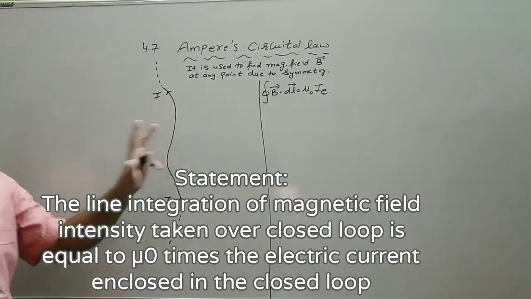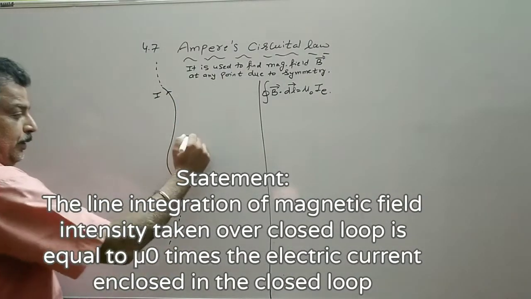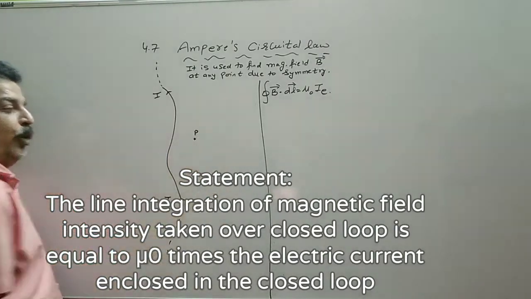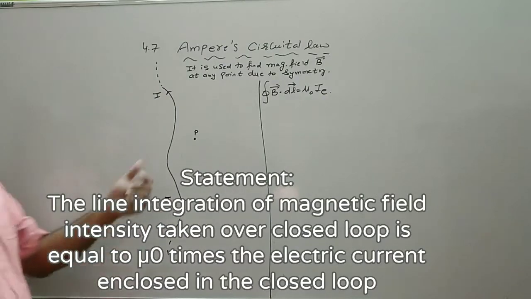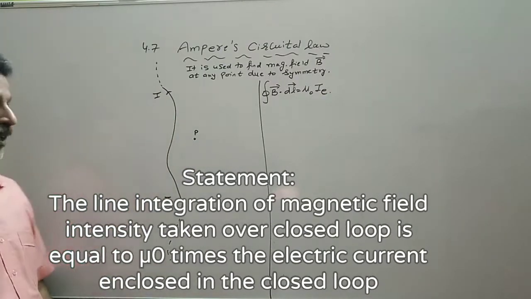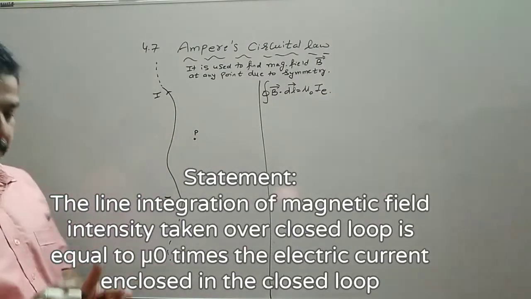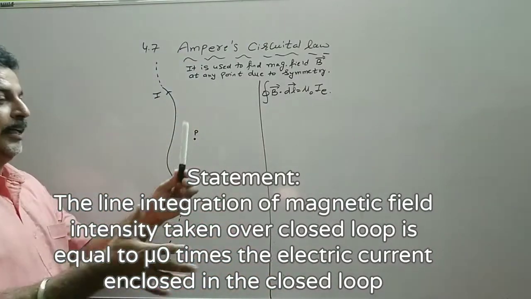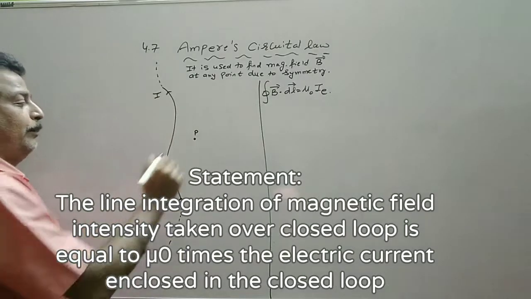So let us consider this infinite long wire and let the current I be flowing through it. Now we have a single wire only. Suppose you have to find out the magnetic field intensity at point P, and the direction can be easily determined by the right hand thumb rule. So we have already seen that the magnetic field intensity at this point will be going into the plane of the paper.